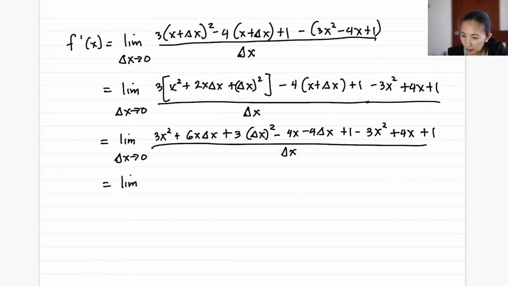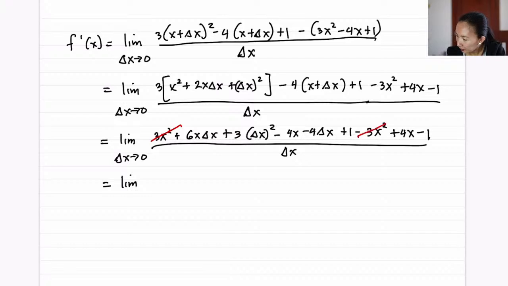We could cancel out, okay, very good. This one, na-overlook natin yan. This is supposed to be negative 1. Very good. Minus 1, minus 1. Okay, next. We can cancel this out.